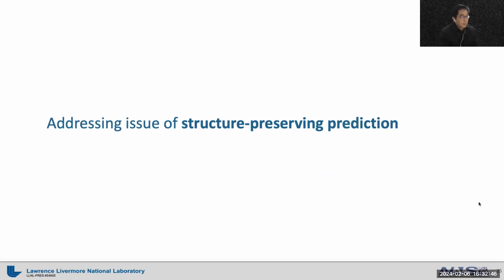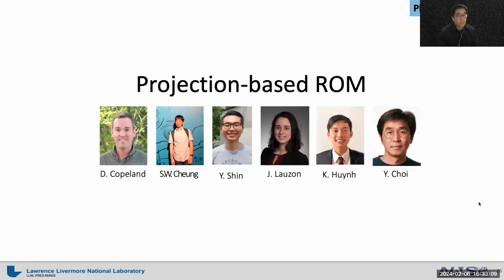Pretty nice. Okay, let's move on to the next issue. How can we bring structure-preserving predictions, like satisfying the conservation of laws or some other physical properties? Here, a familiar topic to you, the projection-based reduced order model, can be used to bring the physics into the data-driven model.